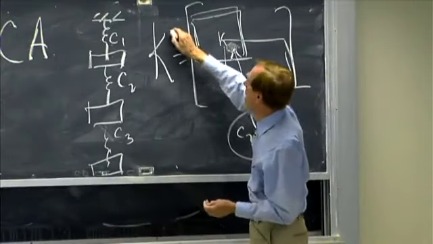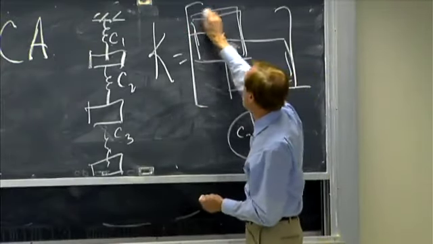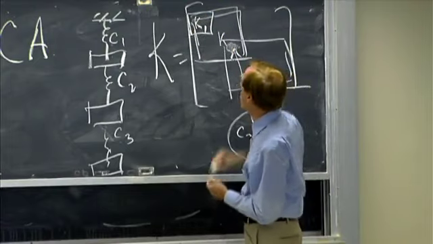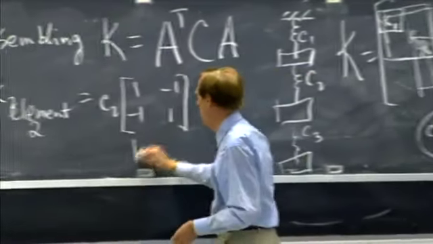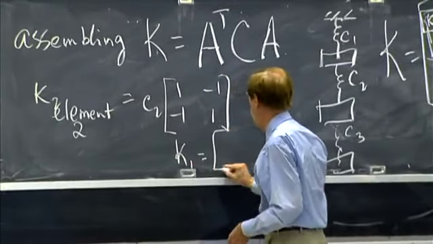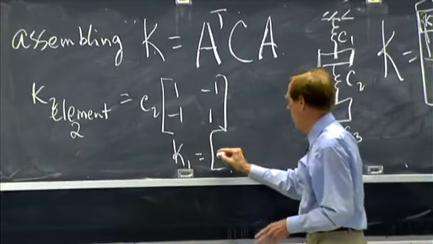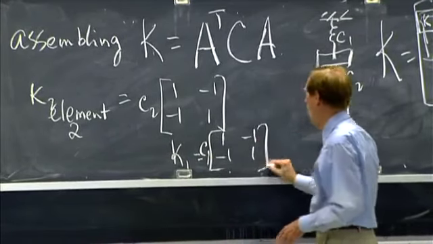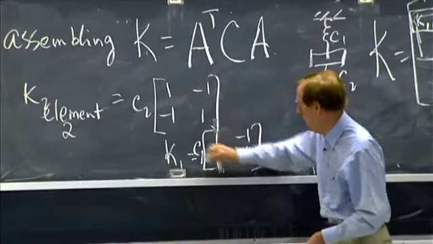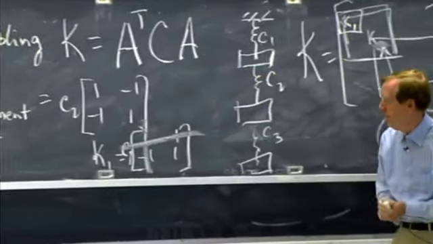K1 would normally sit up here, but actually it's only going to be 1 by 1. The K1 element matrix would look like C1 times 1, minus 1, minus 1, 1, and then the boundary conditions knock those out.